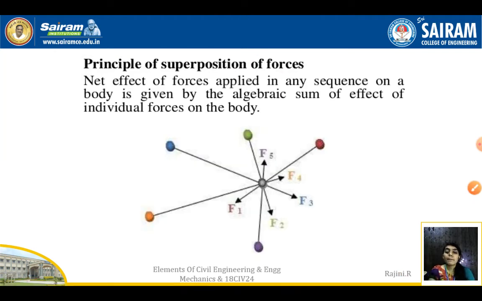Okay, the principle of superposition of forces. If a body is at rest, for example in your home the sofa, table, TV, everything is at rest, no forces seem to be acting, but nature's forces are always acting on the body.